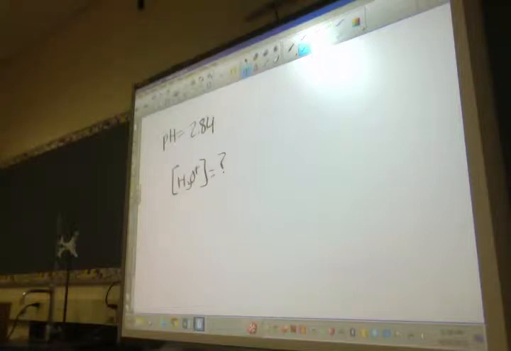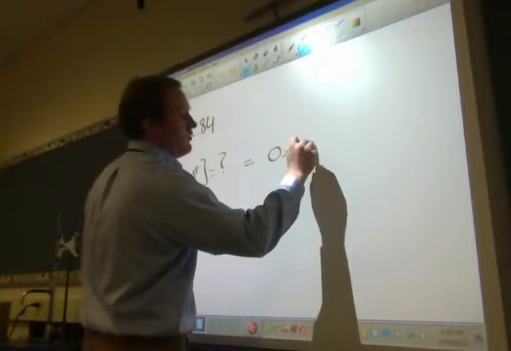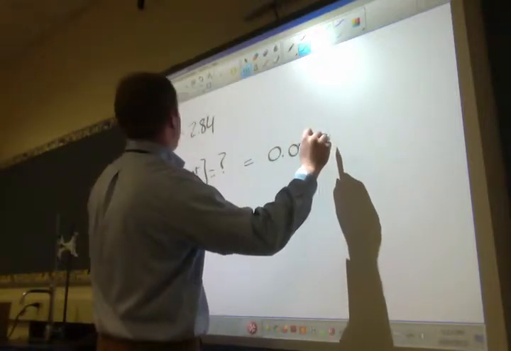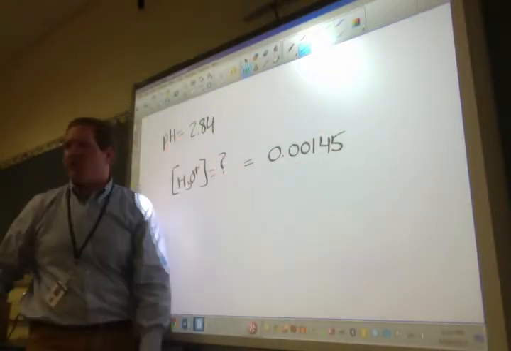I can't do 10 to the negative 2. Same formula, Quinn, it's just 10 to the negative 2.84. Someone raise your hand when they get an answer. It is 0.00145. 3 sig figs in your pH, 3 sig figs in your concentration.